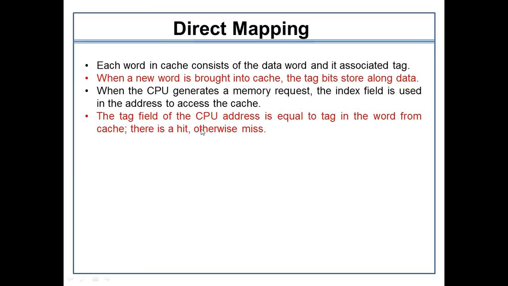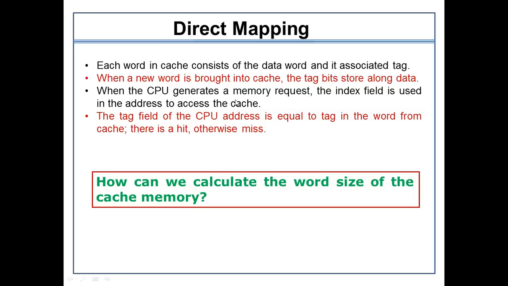So here is the point. Each word in the cache consists of a data word and the associated tag. When a new word is brought into the cache, the tag bits are stored along with the data. So in the cache memory, we will have the tag bits as well as the data bits, and the index will be used as an address line.